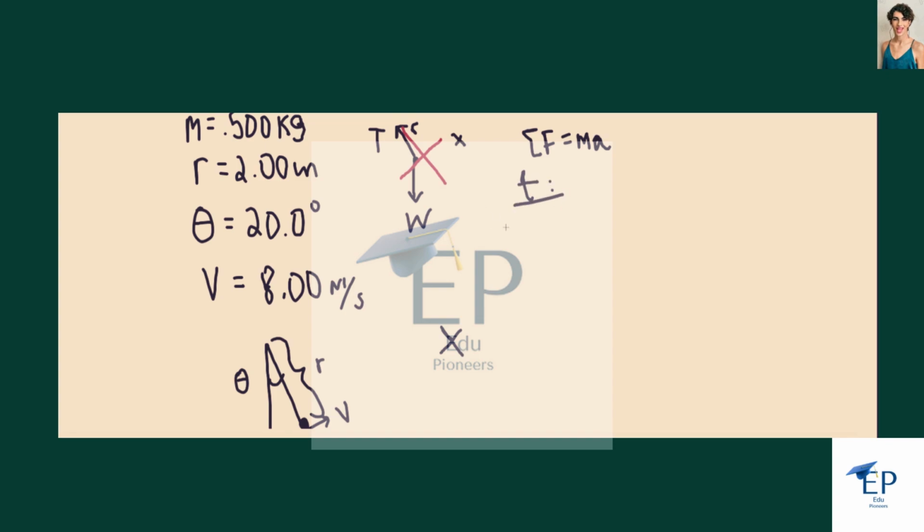So the sum of the forces along the tangential direction are just the weight, and we just want this component of the weight. So let's see. That's going to be either times the cosine or the sine of 20 degrees. And I'm going to be slightly lazy and just do it by not drawing it out, but by thinking what it would be for theta equals 0.